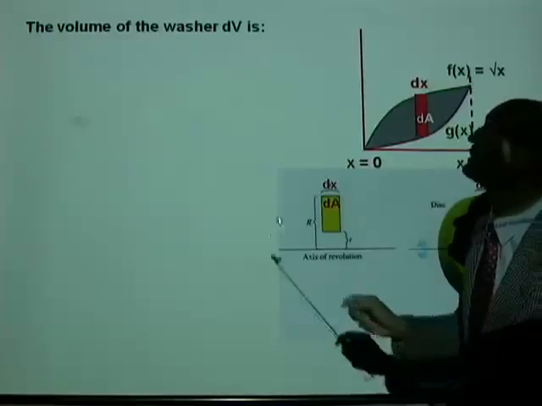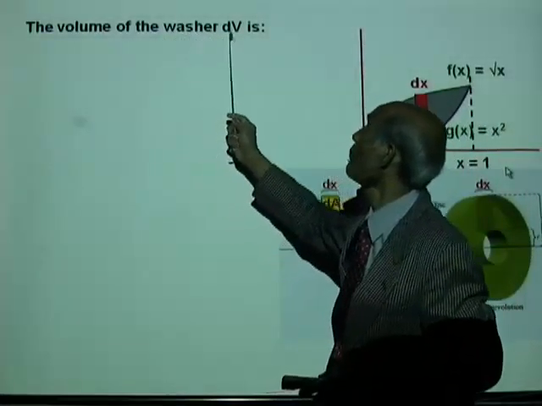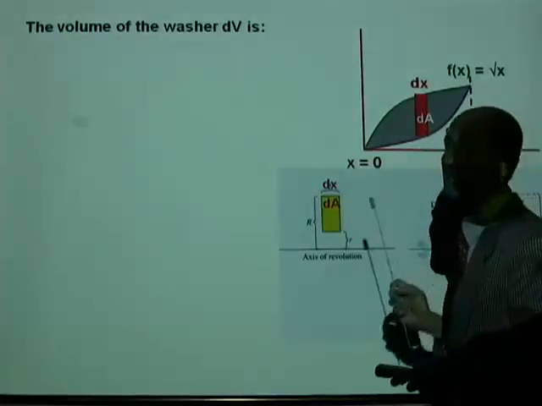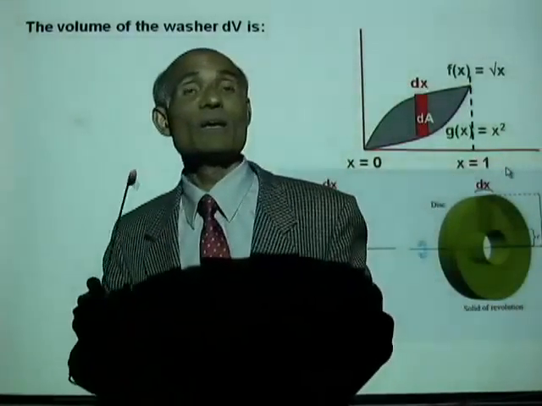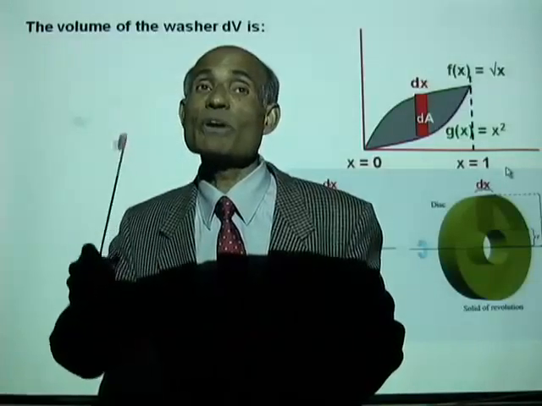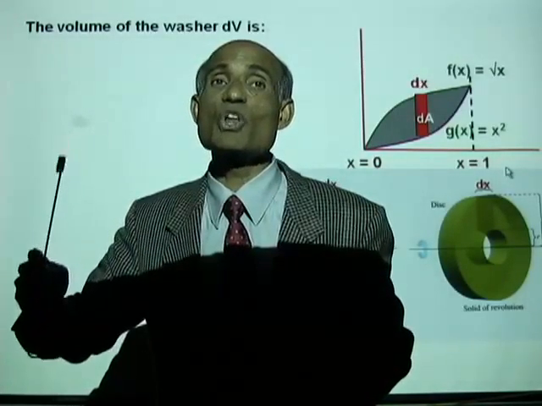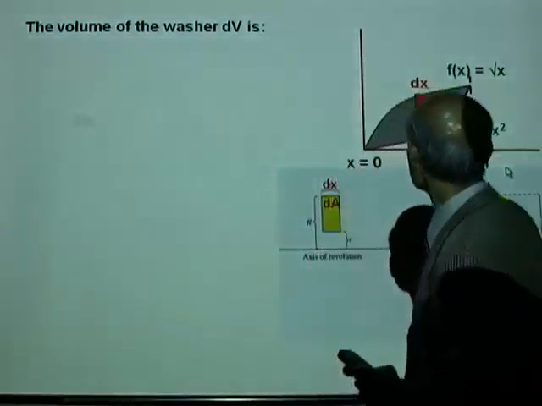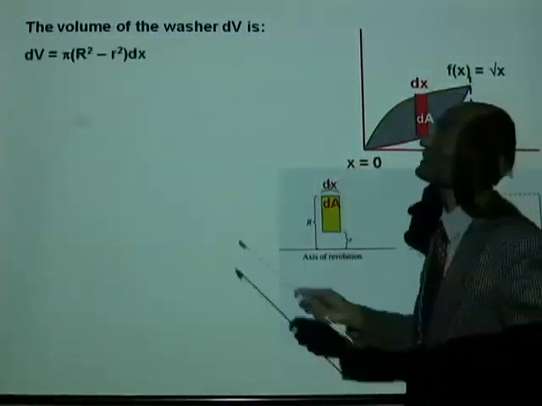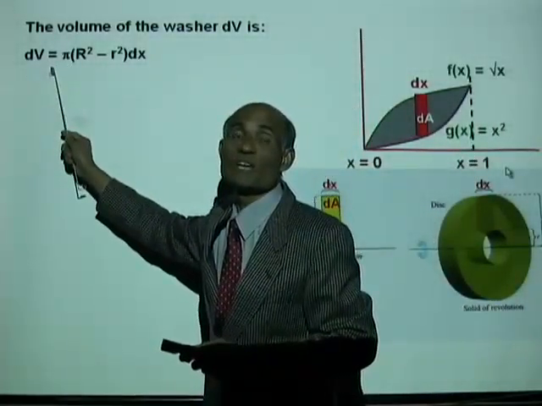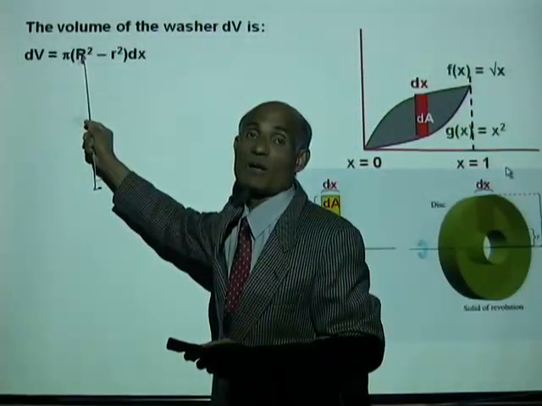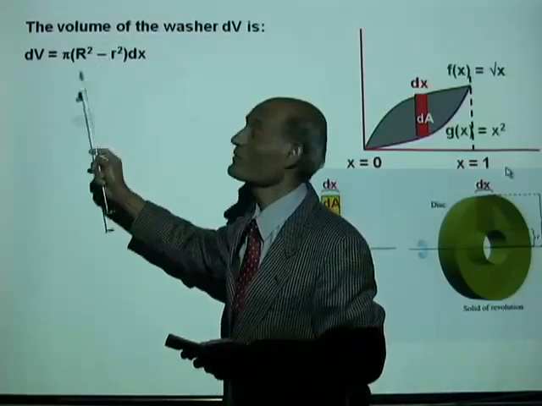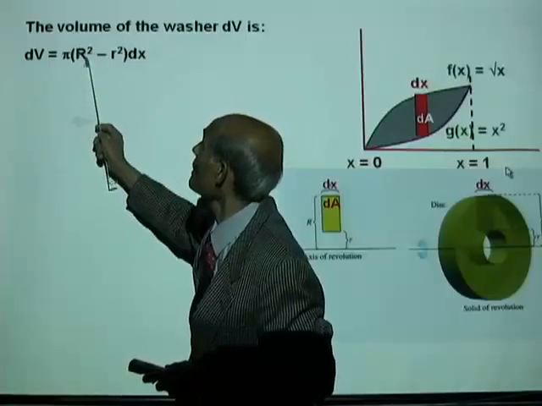And therefore, what is the volume of the washer? What is dV? What is the volume of the washer generated? It'll be pi times uppercase r squared minus lowercase r squared, that quantity, multiplied by the thickness, which is dx. So that will be dV equal to pi times uppercase r squared minus lowercase r squared dx. And what is uppercase r?